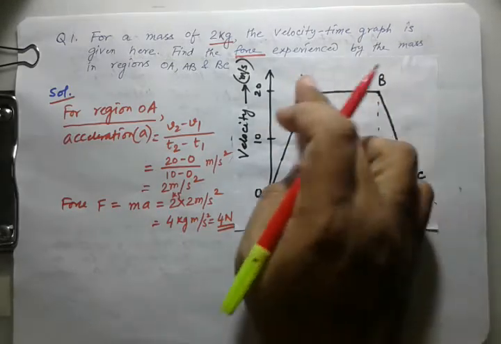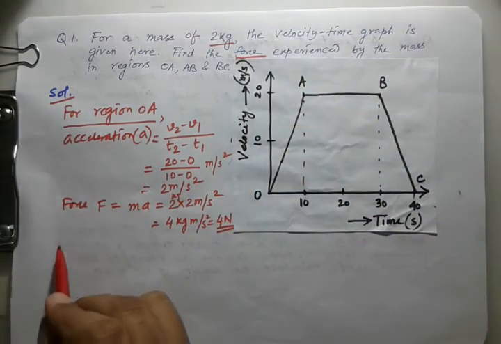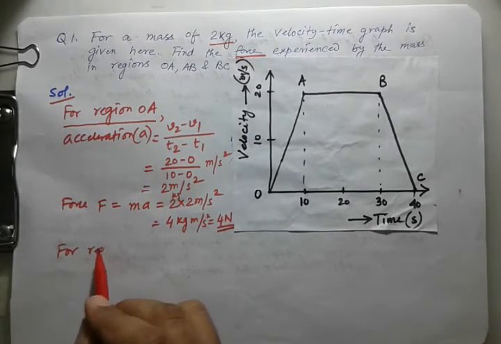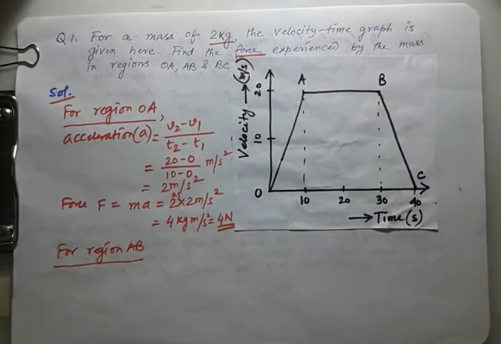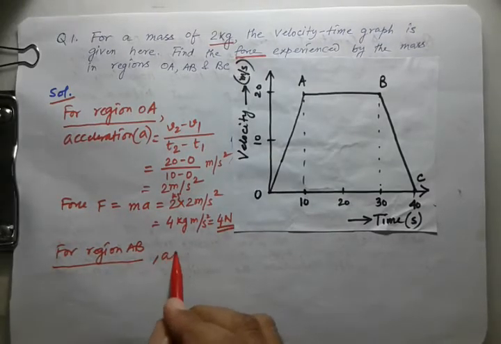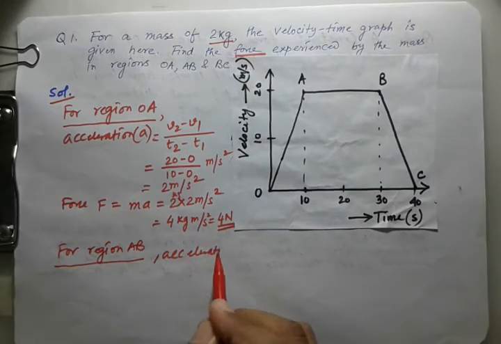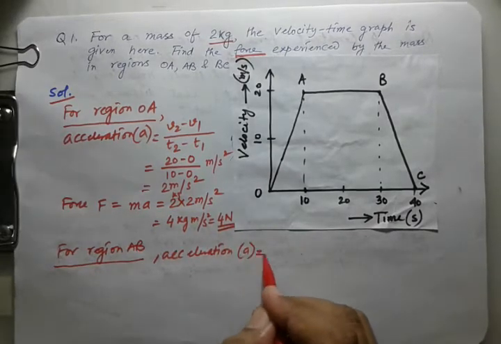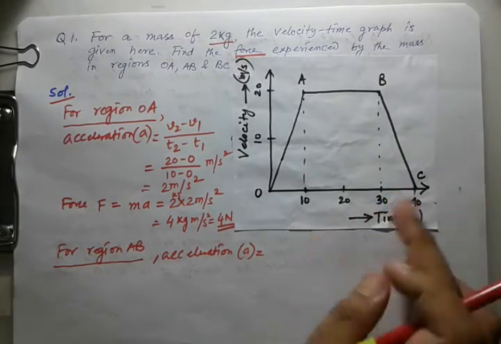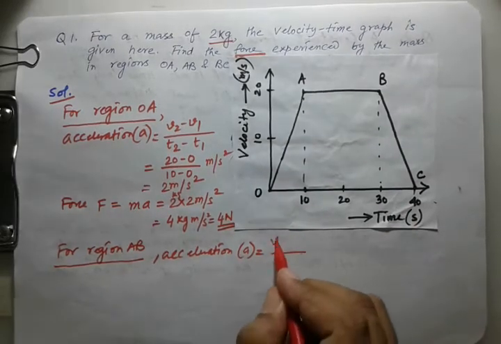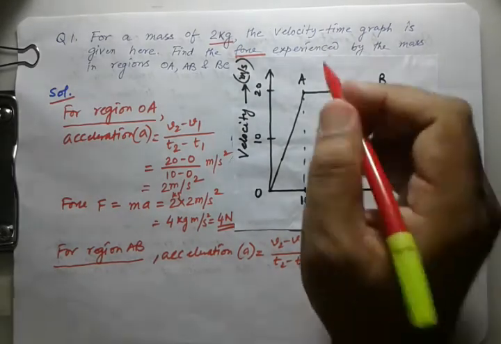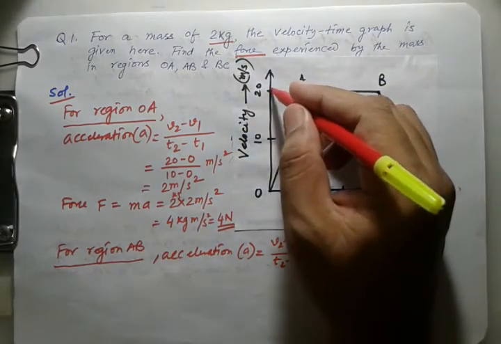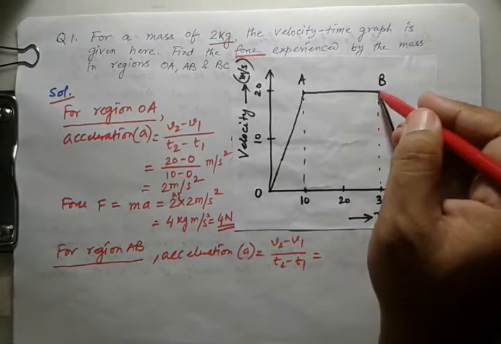Now for the region AB, first you have to find the acceleration. a will be the change in velocity, the same thing, V2 minus V1 by T2 minus T1. At point A the velocity is 20 meter per second, and at B the velocity is also 20 meter per second.